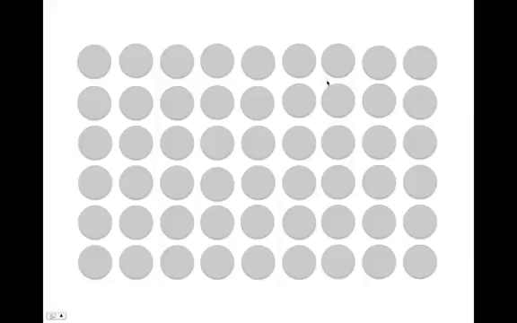Let's take another example. Again, let's say every dot on this visualization represents a student. In this case, I'm using shapes to represent different types of students. So let's say the dots represent graduate students, and the stars represent undergraduate students. So clearly, there are both grad and undergrad students.